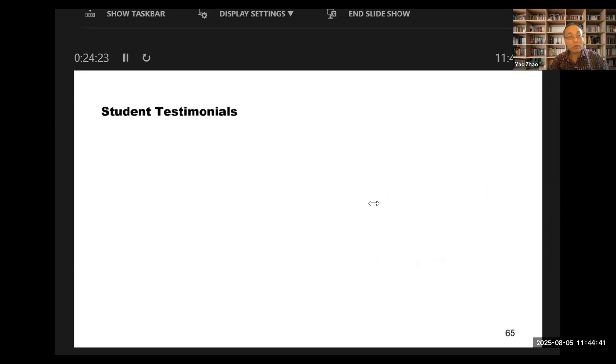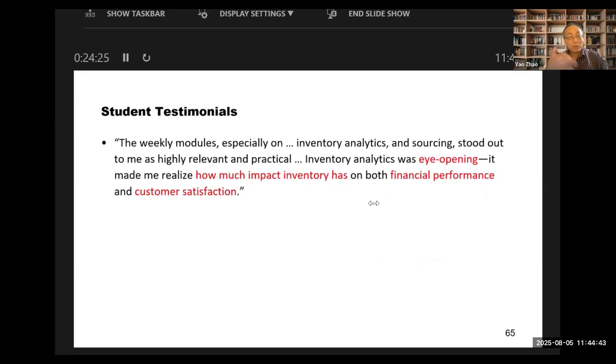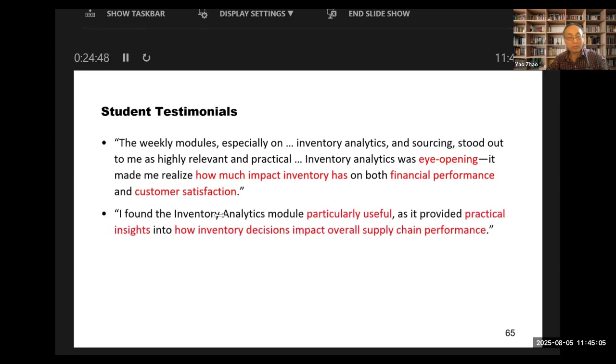Now, student testimonials. Among the weekly modules, inventory analytics and sourcing stood out to me as highly relevant and practical. Inventory analytics was eye-opening. It made me realize how much impact inventory has on both financial performance and customer satisfaction.